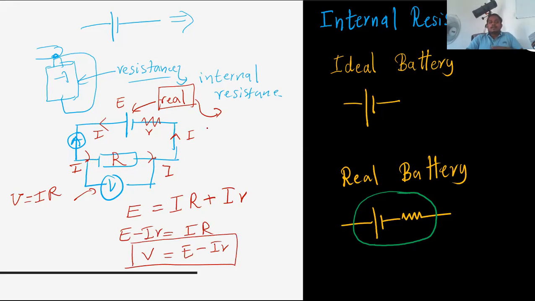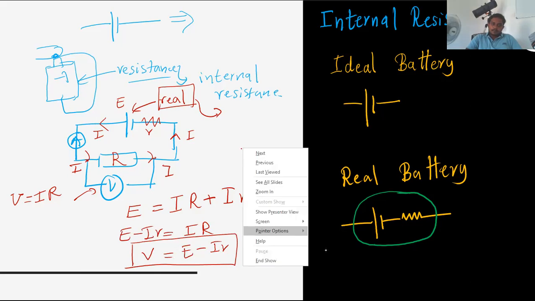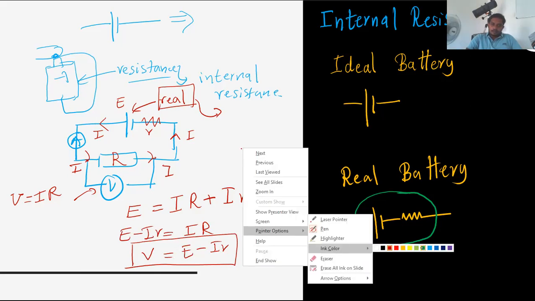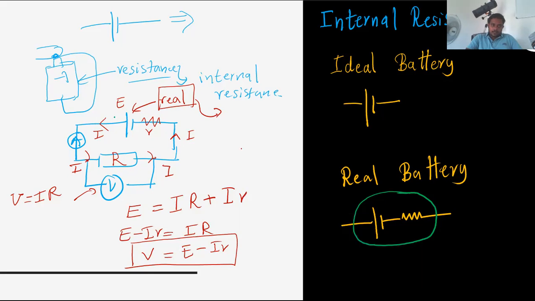And there are some circuits, I'm not going to prove this, in which the currents are moving through the battery. There are some circuits where the current moves through the battery.